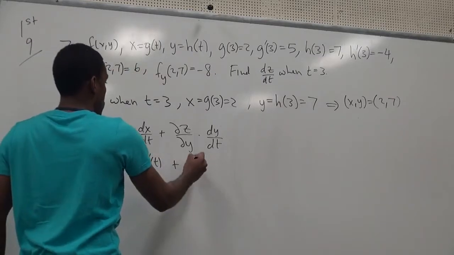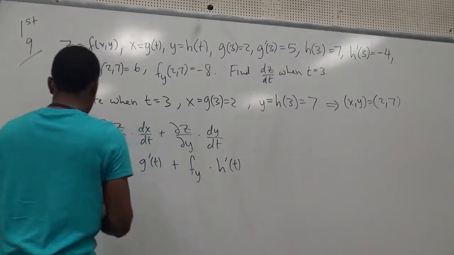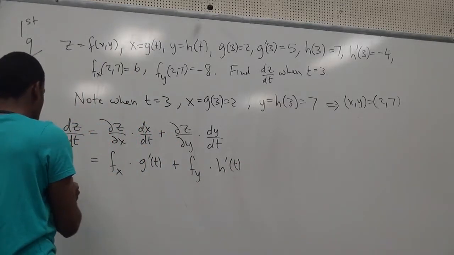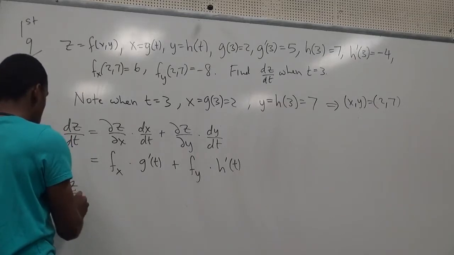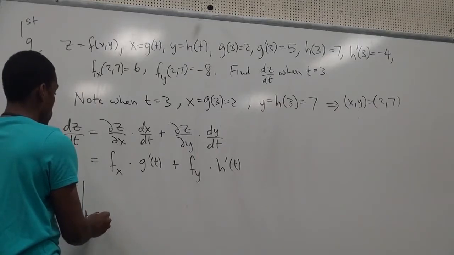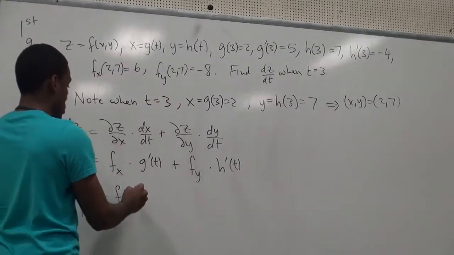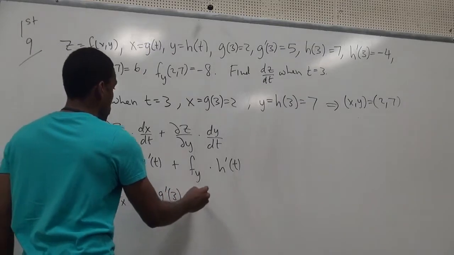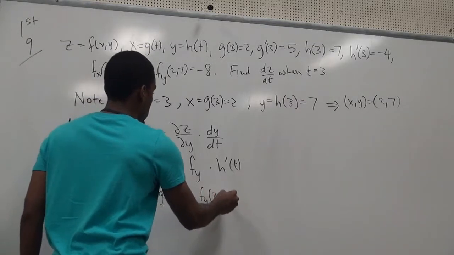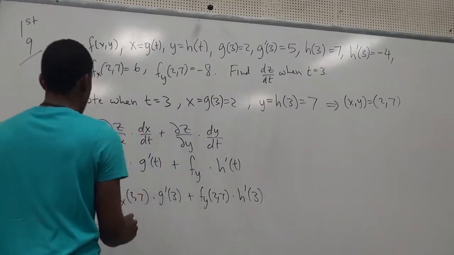And this is f_y, and dy/dt is h prime. So dz/dt when t is equal to 3 is given by f_x at the point (2, 7) times g prime of 3 plus f_y at (2, 7) times h prime of 3.